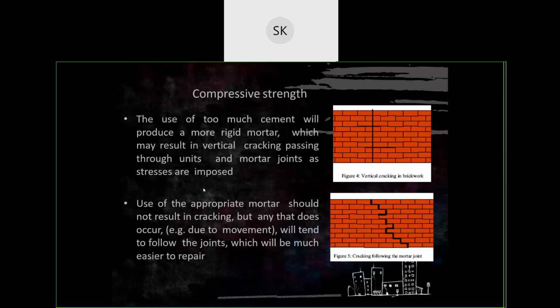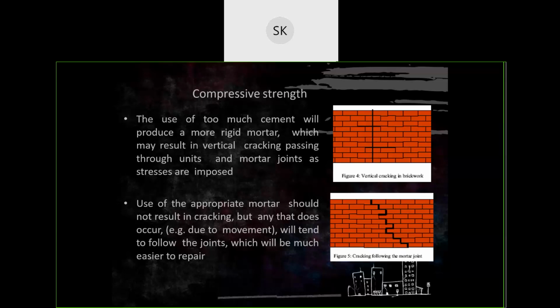Now about the compressive strength. The use of too much cement will produce a more rigid mortar. There should be a standard proportion. When you construct M20, M25 concrete, there is a ratio of cement, sand, and coarse aggregate. In mortar also there is a ratio you should follow to make a standard mortar.